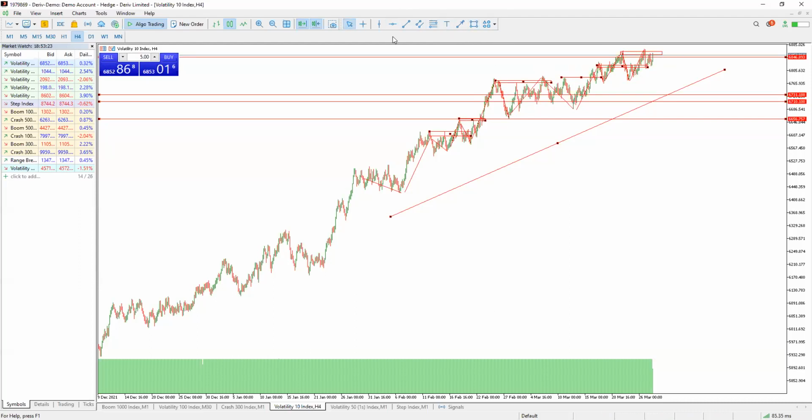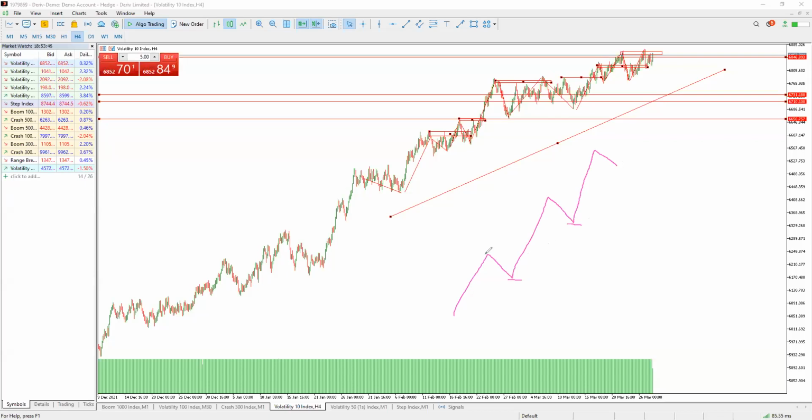So what happens is when we go up, we have a high, a low, a high, a low, a high, a low. And as long as I don't break the previous low, this means I'm in an uptrend.